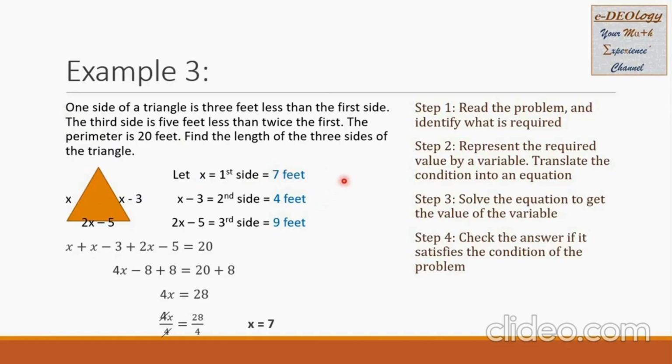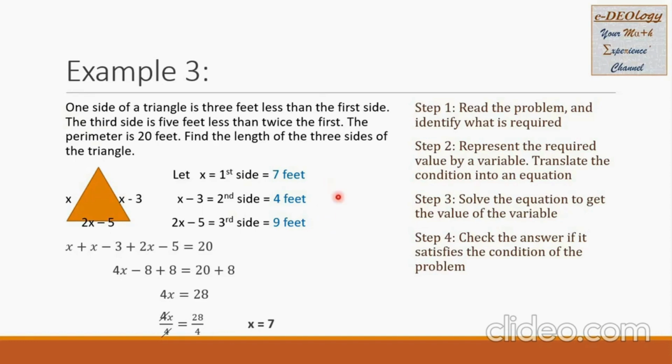And it is satisfied. The second condition, the third side is 5 feet less than twice the first. Again, it is a comparison of the first and the third. If I multiply by 2 the first side, 7 times 2 is 14, and minus 5, it will be 9.